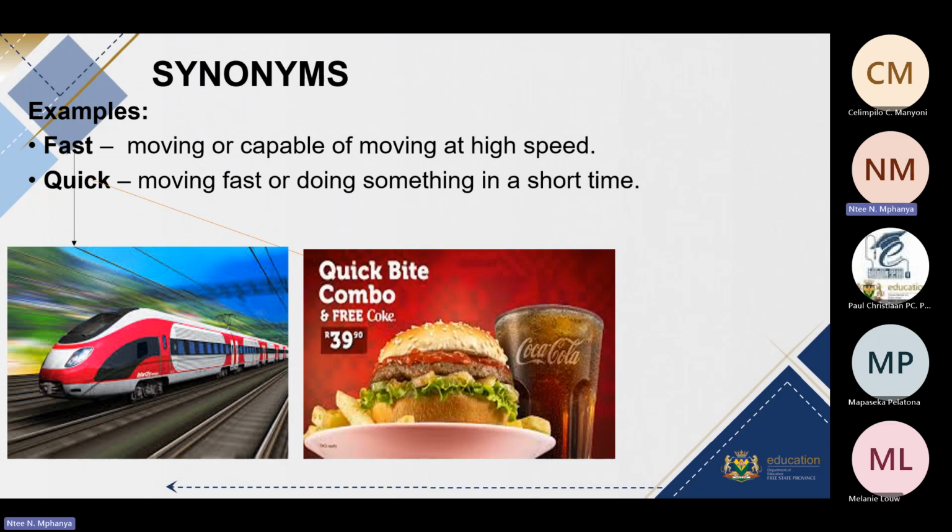Now, this burger is not so big. Therefore, you can quickly munch on it and finish it in record time. Therefore, quick and fast mean that you are doing things or the movement is at high speed. It takes a short time for a train to move across the landscape, while it doesn't take a long time for you to finish this sumptuous burger.